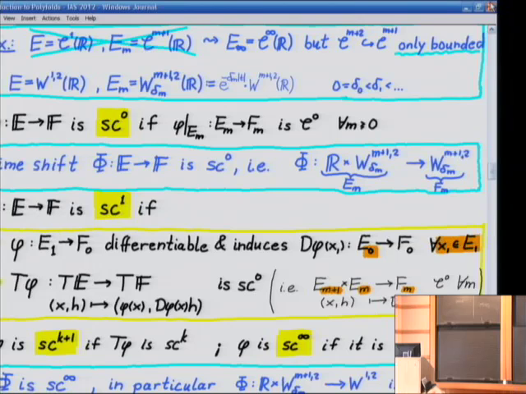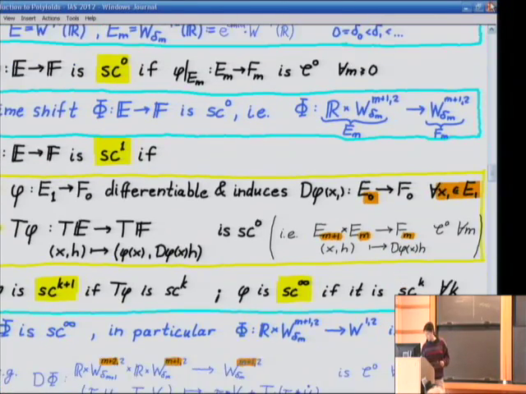Yeah, I used to not like that notation, so that's why it didn't make it onto my slide. But the meaning really is that you need all these maps to be standard continuous operators.